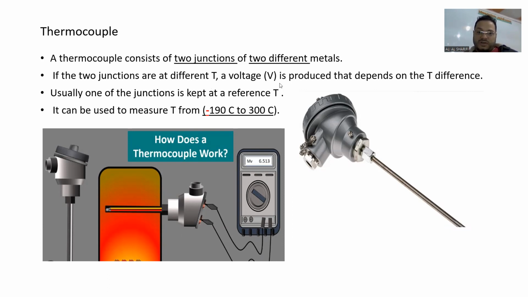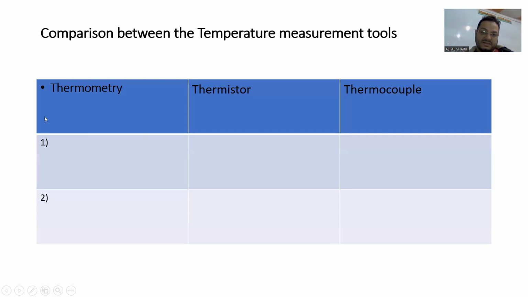A voltage is produced that depends on the temperature difference. Usually one of the junctions is kept at a reference temperature. It can be used to measure temperature from minus 190 Celsius to 300 Celsius. That's it. There is a homework, it's important. It just contains 2 points.